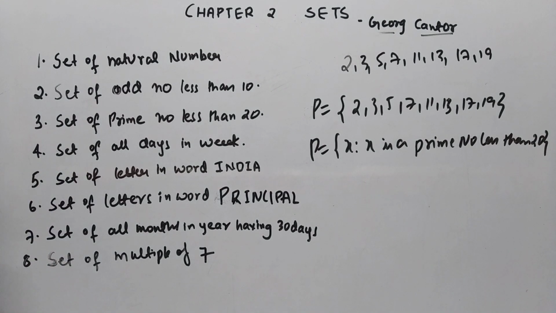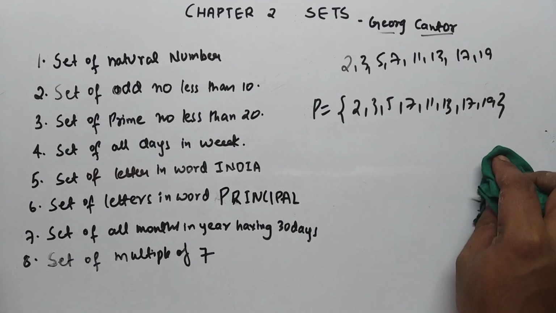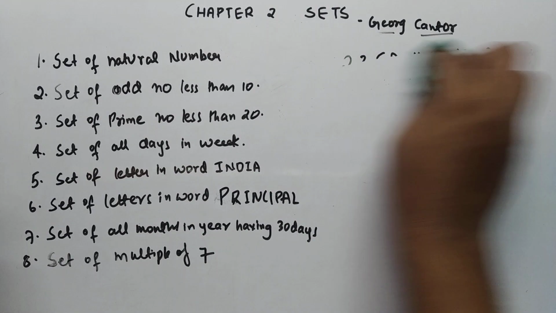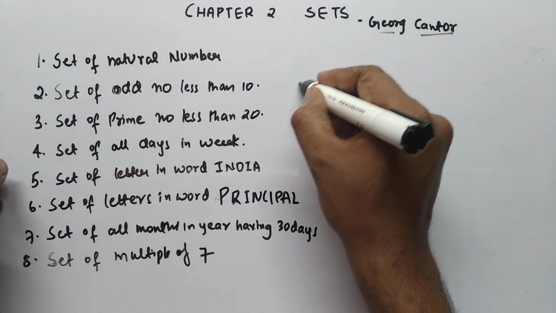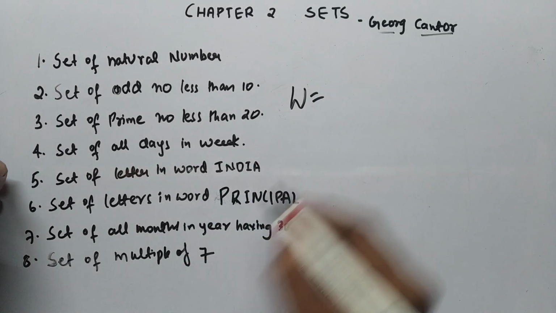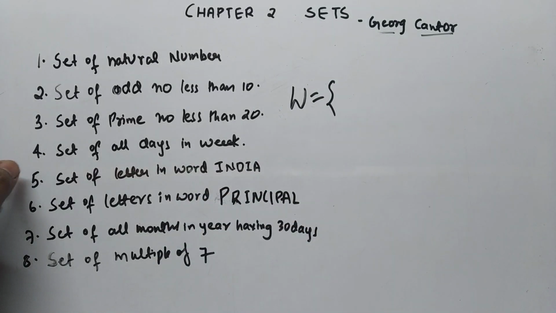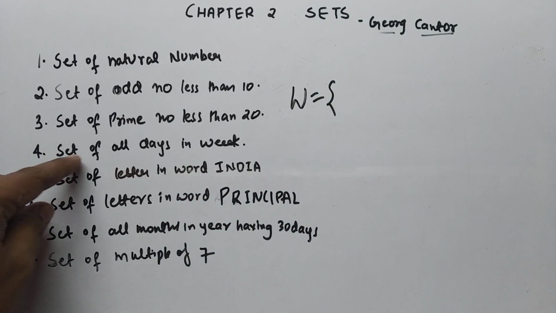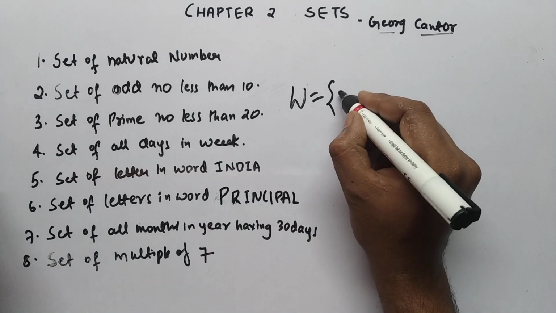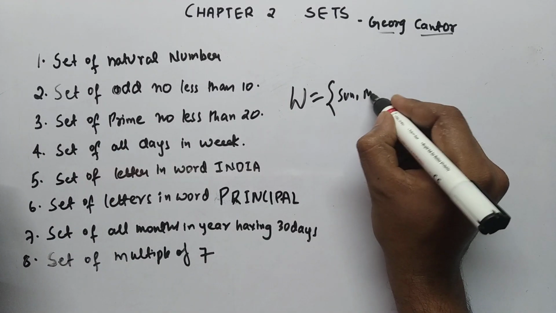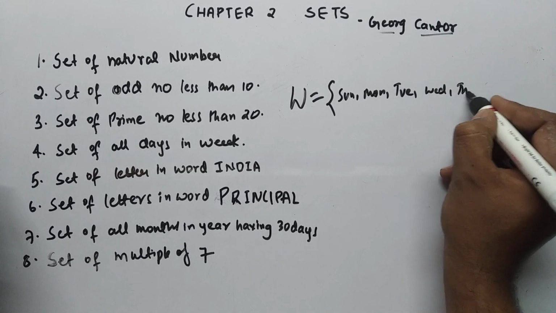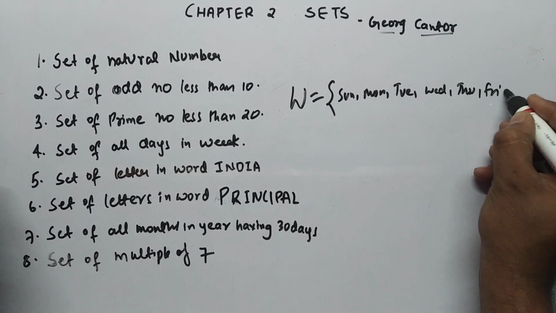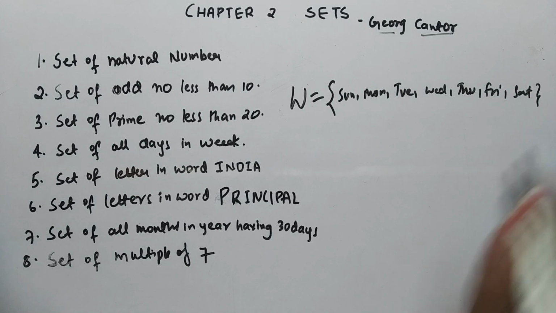Next, we need to write the set of all the days in a week. In roster form, you write the set with a capital letter and curly braces, and write the names of all the days: Sunday, Monday, Tuesday, Wednesday, Thursday, Friday, Saturday. This is the roster form.